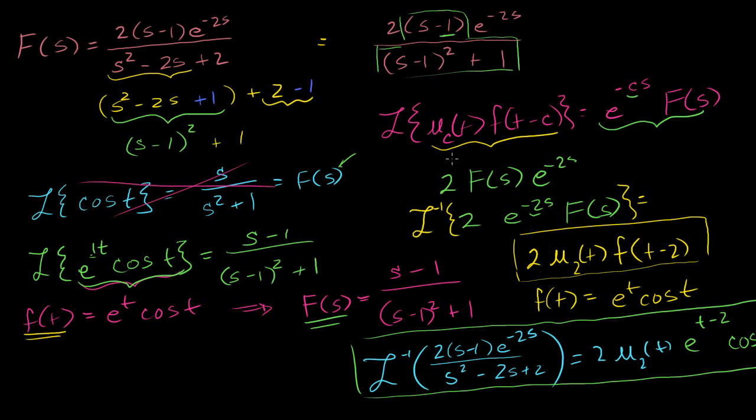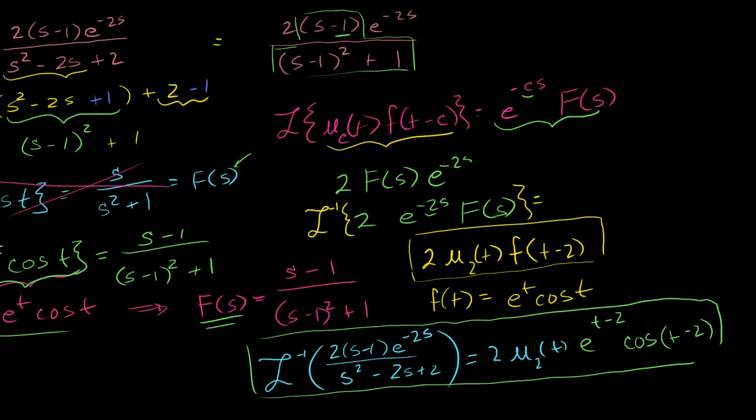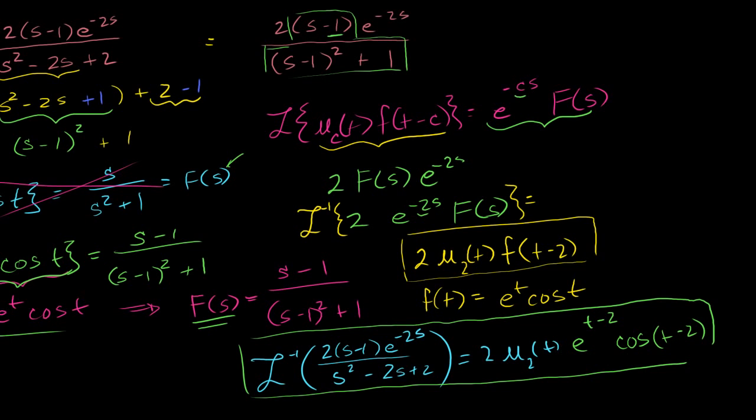The 2 times the unit step function times my f of t shifted by c. And we established this was our f of t. So we just shifted it by 2, and we got our final answer. So this is about as hard as you'll see an inverse Laplace transform problem get up to this point. So hopefully you found that pretty interesting.